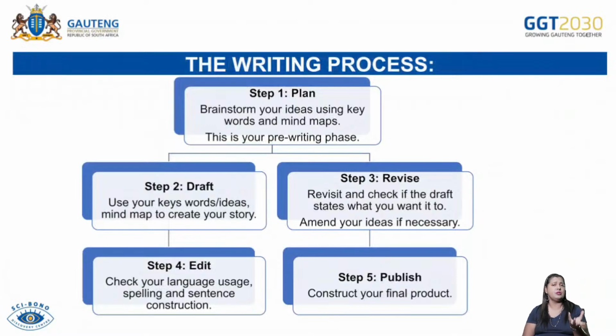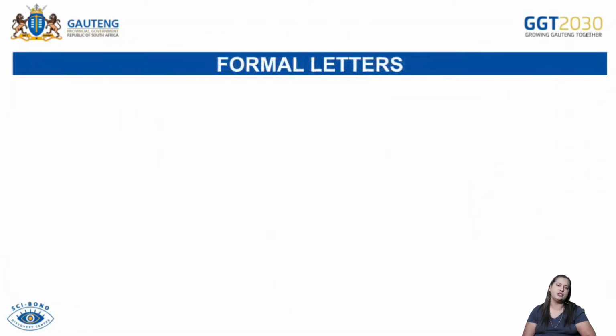And then you check whether you have constructed your sentences correctly in the editing process. And then finally, you're going to the publishing section, which is where you produce that final piece of work, hand it in, and it'll be assessed by your educator. Right, so let's go into the various genres now. When we're looking at the first one, we are talking about the formal letters.